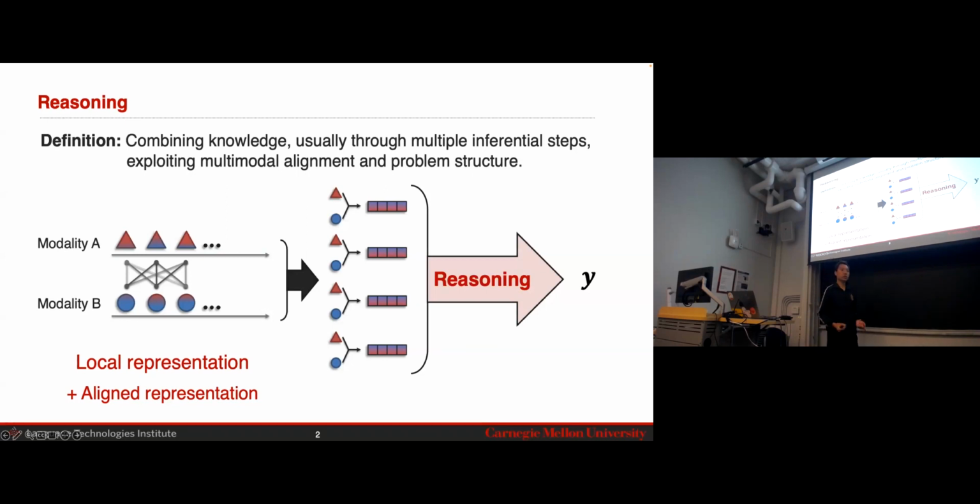Another form of structure is hierarchical, where we saw how module networks learn this tree-like structure, respecting the syntax of the question. And we also saw examples of graphical structure. And we talked about graph neural networks in the case where different modalities form some graph. So how do you learn the structure of a graph? So all that falls broadly into reasoning. The idea of respecting the structure and how you learn representations that follow the structure.